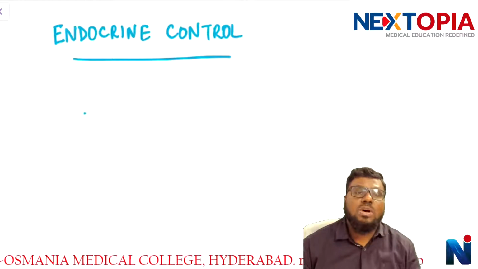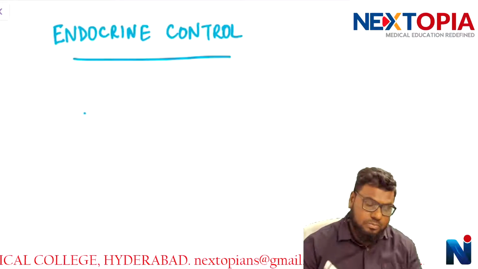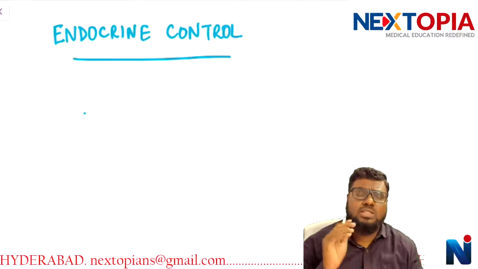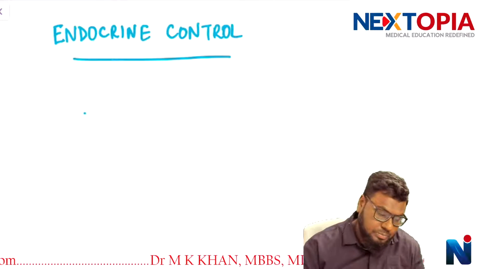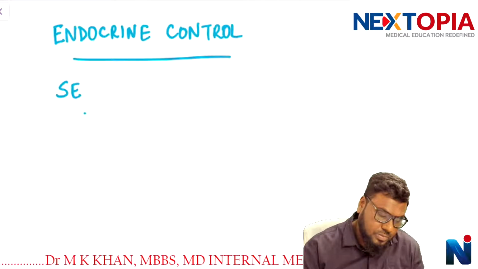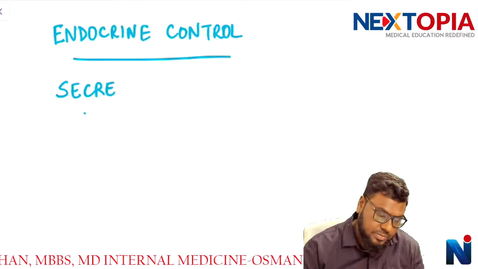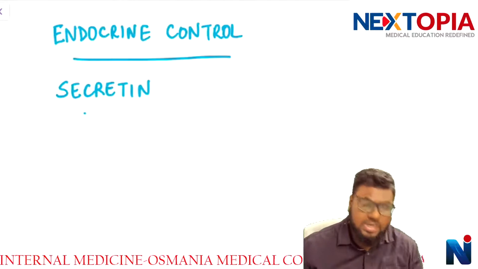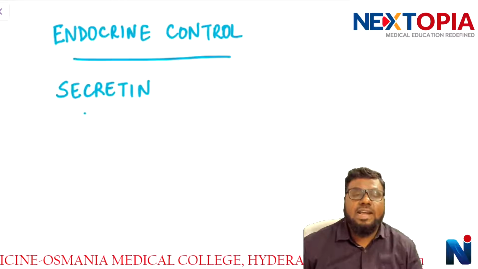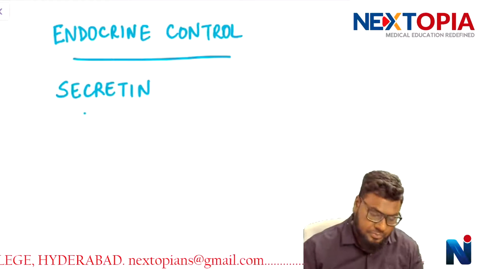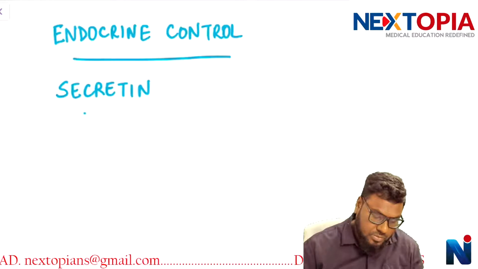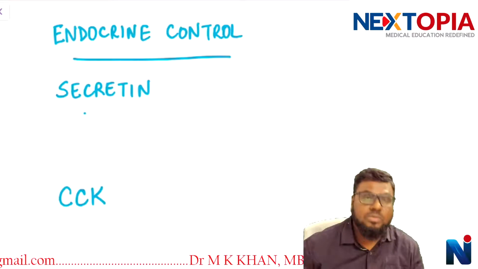So there are various hormones which are acting upon the GI tract. Now this concept I'll also discuss in endocrinology again, but for now we limit our discussion to the types of hormones which are present in the GI tract. First is the secretin. Next is the cholecystokinin.